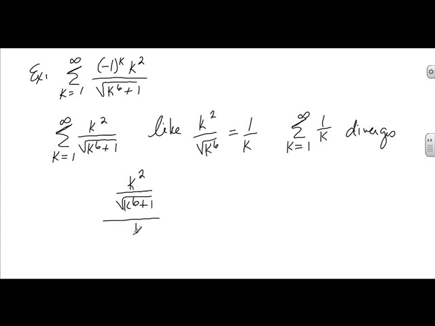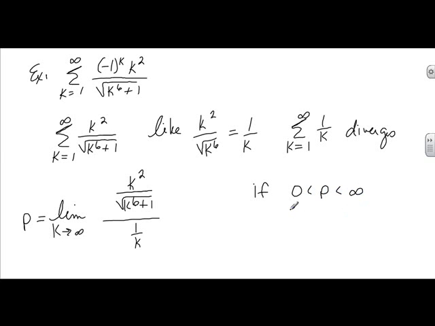In this situation, this limit is some value p. And the deal is, if p is between 0 and infinity, then we're going to know that the series we're looking at does the same thing that 1 over k does.